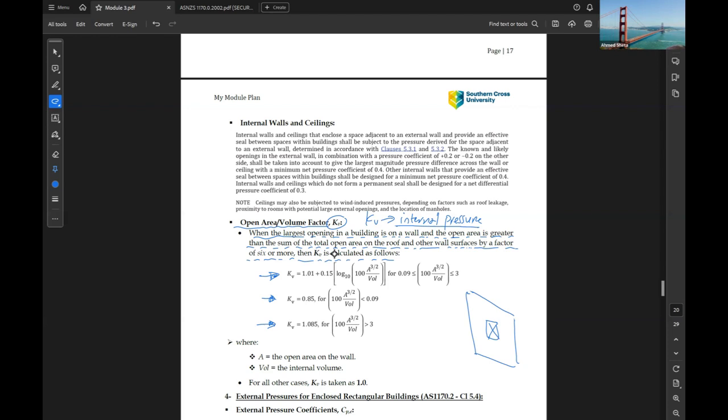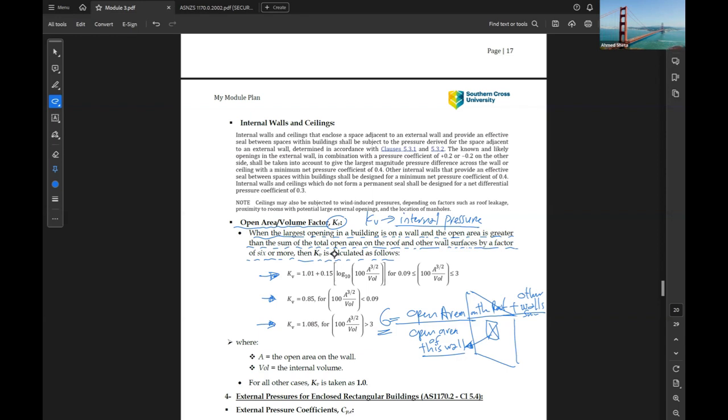So if the total open area on the roof plus the other walls' surface over the open area of this wall, which is this one here, this percent is 6 or more, so you can take the K value as the following.